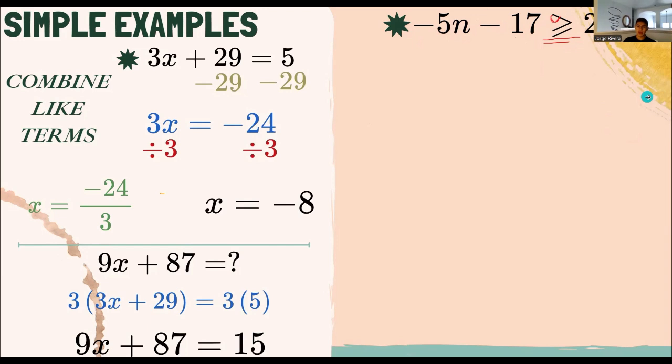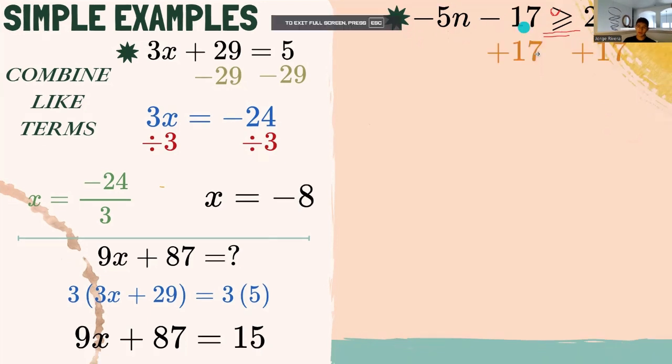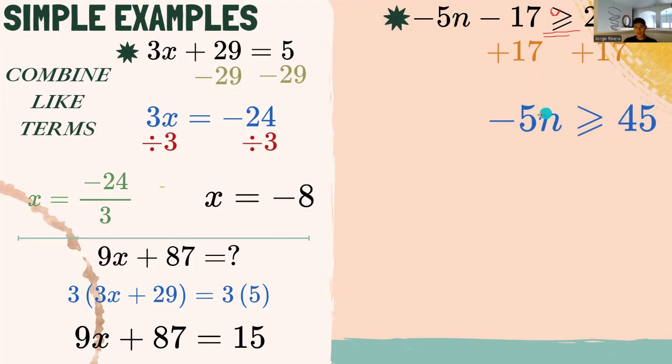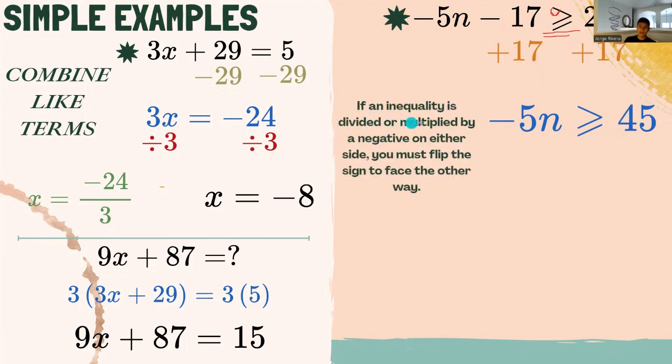It's basically the same thing. You're going to want to add 17 to both sides in order to clear up this space and combine like terms. That gives the equation negative 5n is greater than or equal to 45. Something we need to see here is that if an inequality, which is any version of this that's not equal to, is divided or multiplied by a negative on either side, you must flip the sign to face the other way.